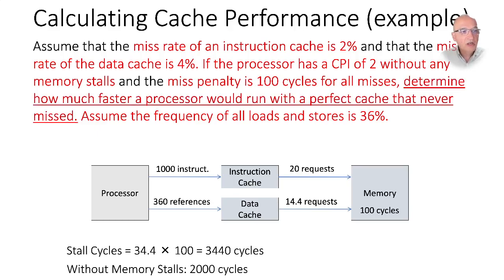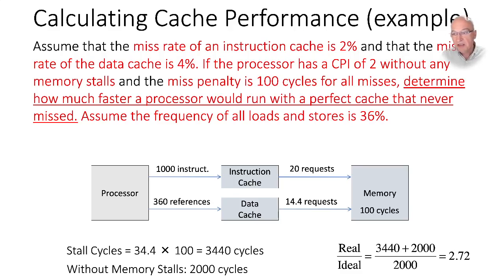What I want to know is how much faster a processor would run with a perfect cache that never missed. With a perfect cache that never missed, I would have 2,000 cycles for the execution of the code. So the real execution is those 2,000 cycles plus the 3,440 cycles that I had to wait for the memory.